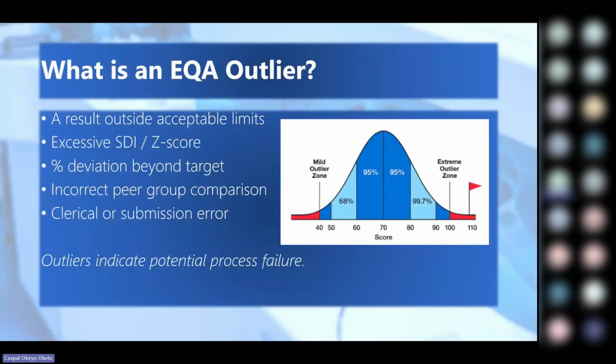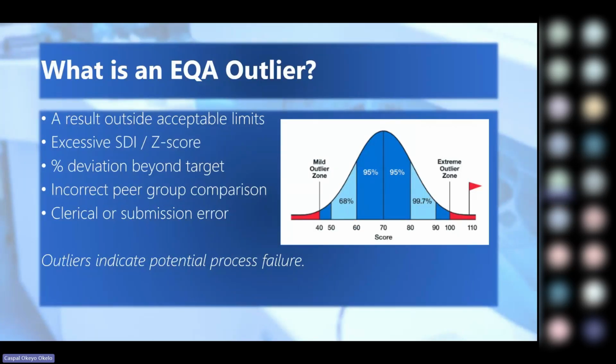It could be a high percentage deviation from the target. It could be outside the target range. But remember, sometimes it's not an analytical error that causes an outlier. It could be a wrong unit that was submitted, a decimal point error, or a peer group misclassification. So an outlier is a signal and not automatically a system failure.